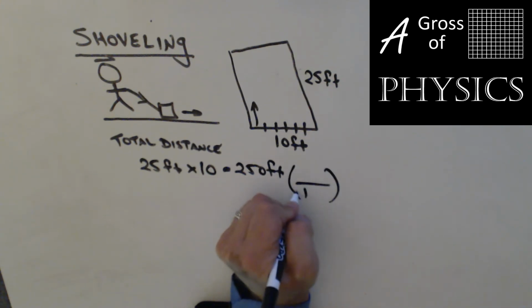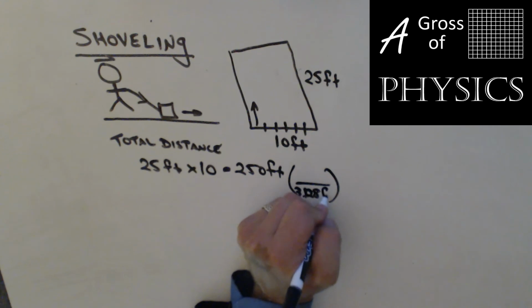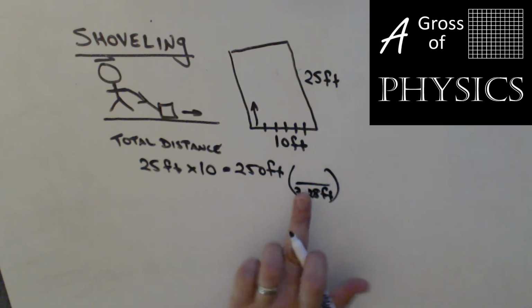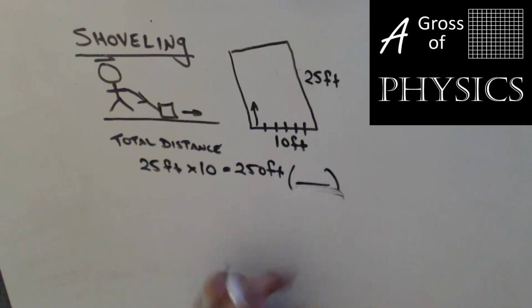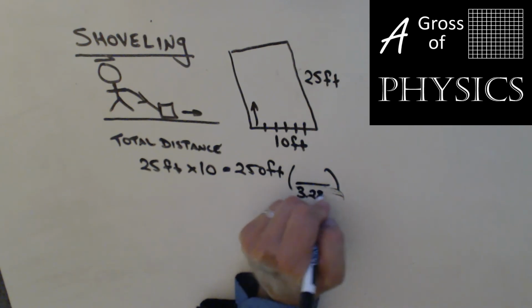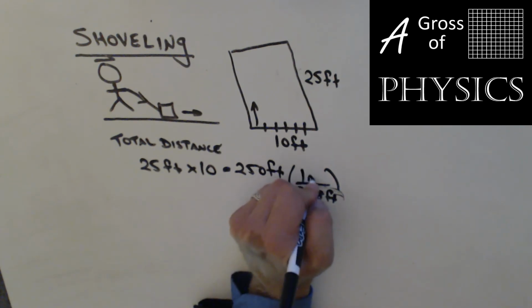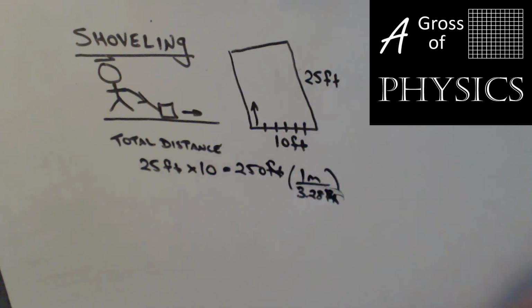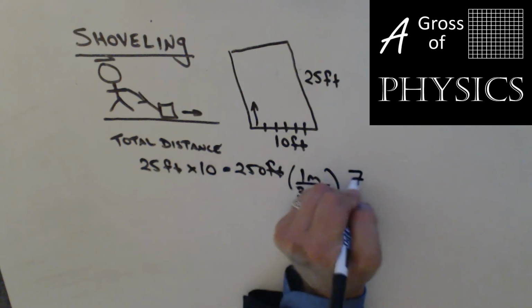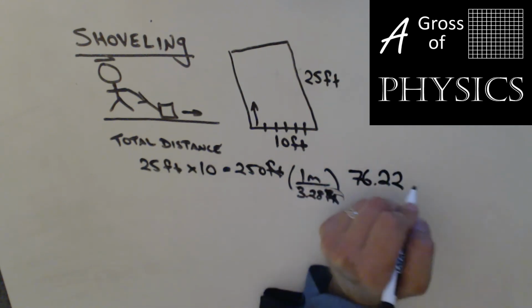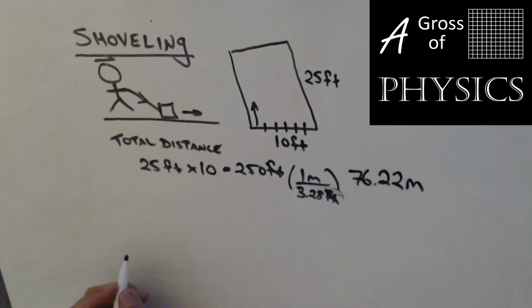So that would be 3.28 feet is 1 meter. And if I do 250 divided by 3.28, I get 76.22 meters. So that's the total distance.